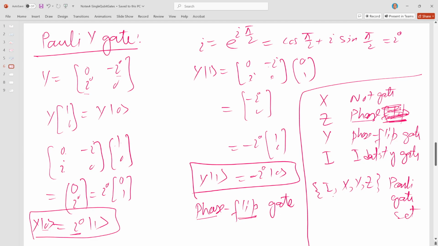And by the way, this also forms a basis for all 2 by 2 unitary operators, that any other unitary operator can actually be written as a linear combination of these gates.